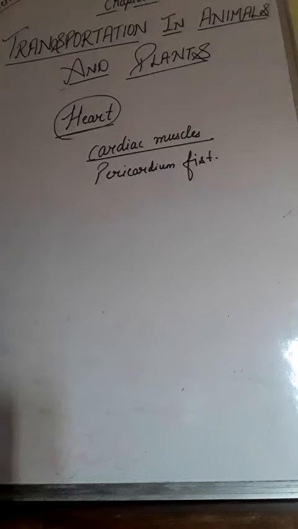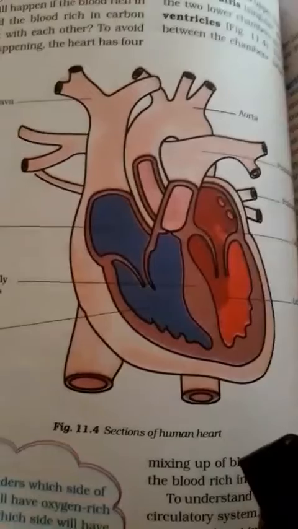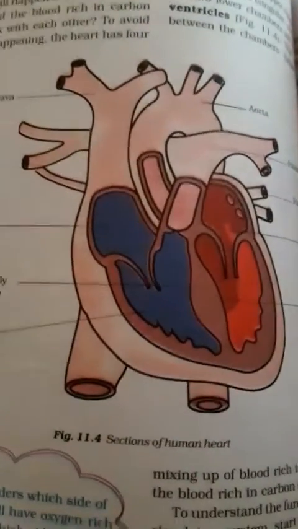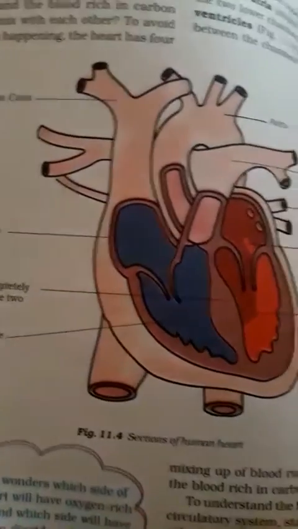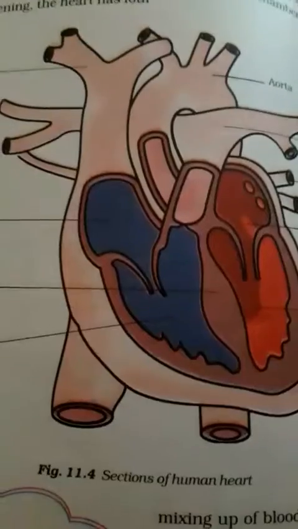So the heart has generally four components. Let us see the figure of your heart in your books, the sections of the heart given at page number 124. Generally the heart has four compartments, or chambers.